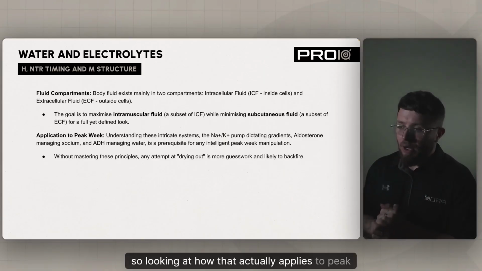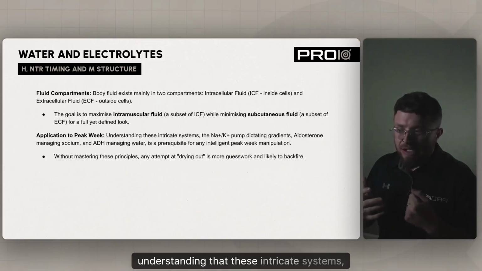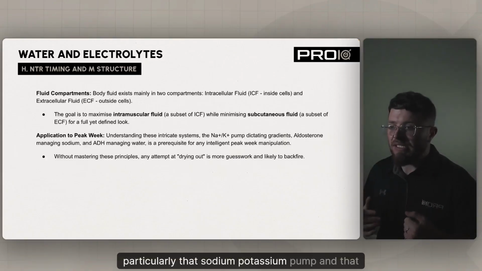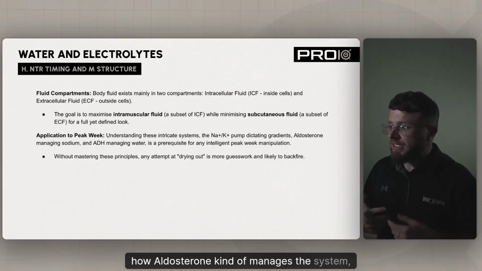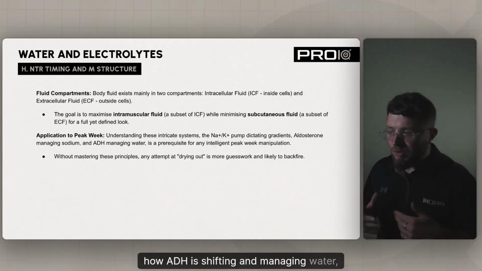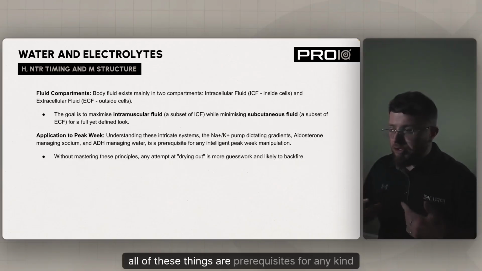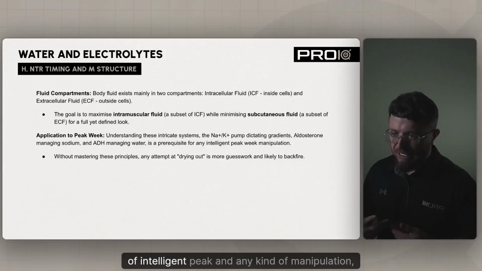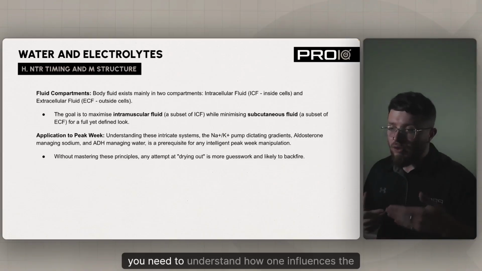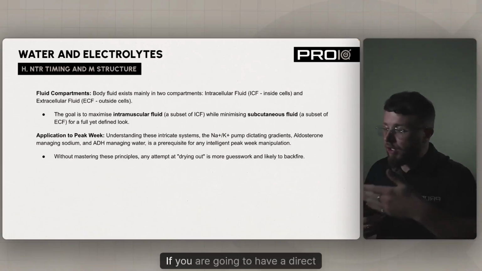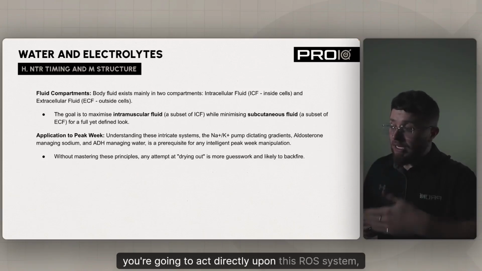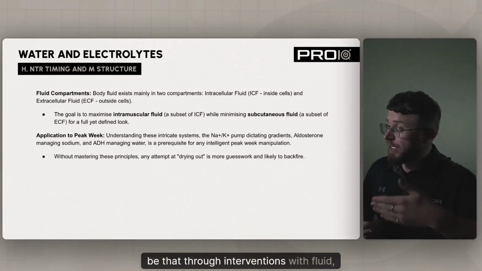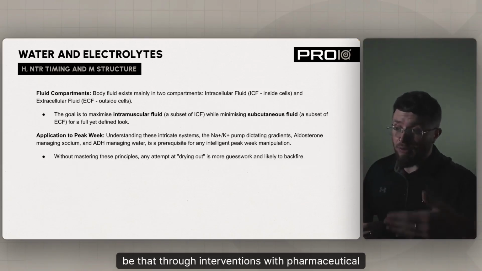Looking at how that actually applies to peak week, understanding these intricate systems, particularly the sodium potassium pump and the dictating of gradients, how aldosterone manages the system, how ADH is shifting and managing water, are all prerequisites for any kind of intelligent peak and any kind of manipulation. You need to understand how one influences the other if you are going to act directly upon this RAS system, be that through interventions with fluid or through pharmaceutical diuretics.